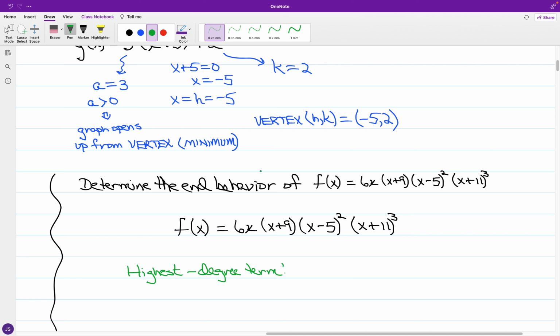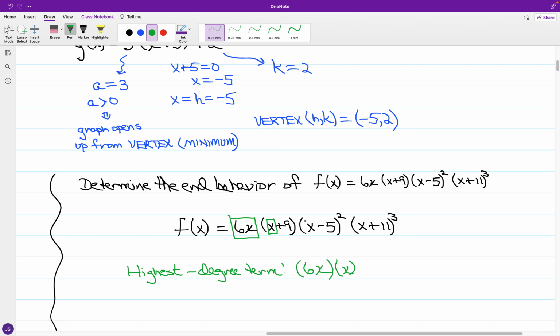So from the first factor, you have a coefficient of 6, so for the first factor you have 6x. Now for the binomials and polynomials, if you have those as their own factors, you're going to take the highest degree term. So from x plus 9, we're going to have x.